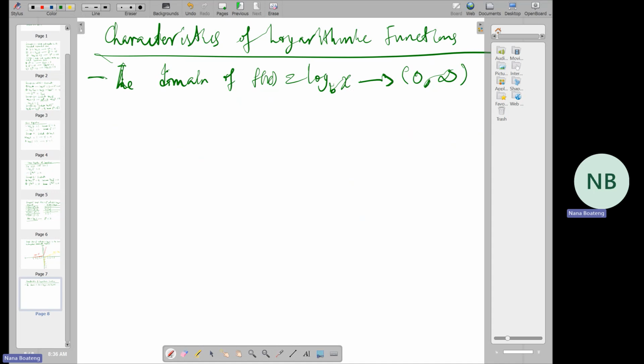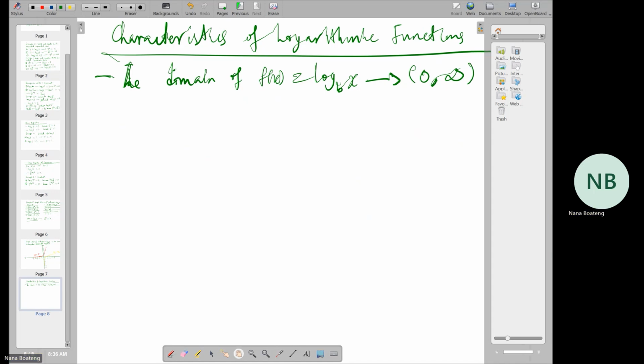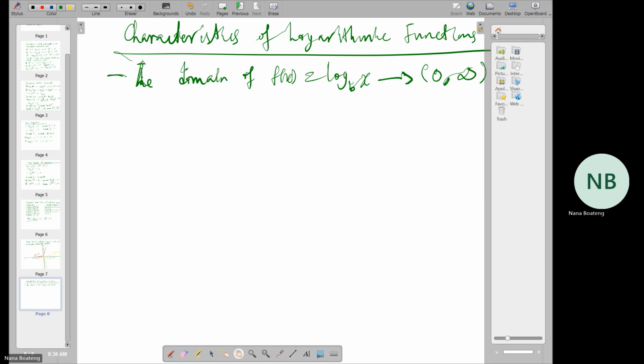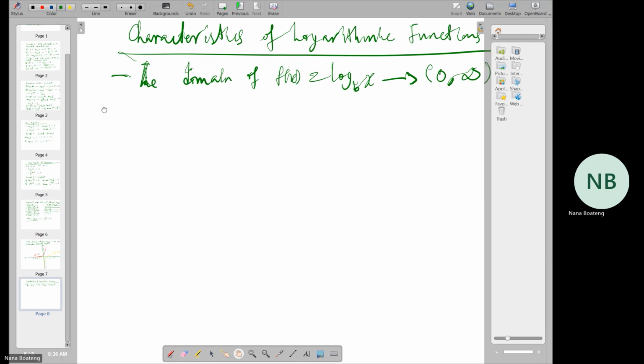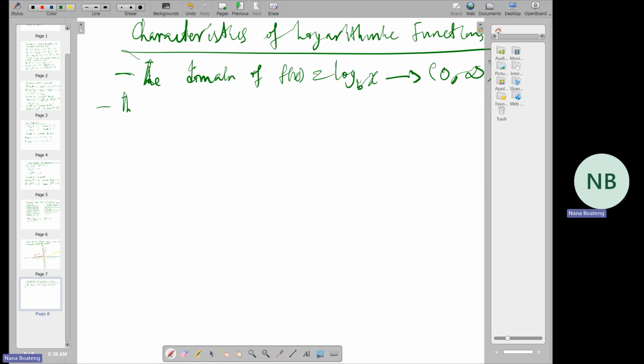From 0 to positive infinity is the domain, and the range of f of x equal to log to the base b of x is from minus infinity to positive infinity.